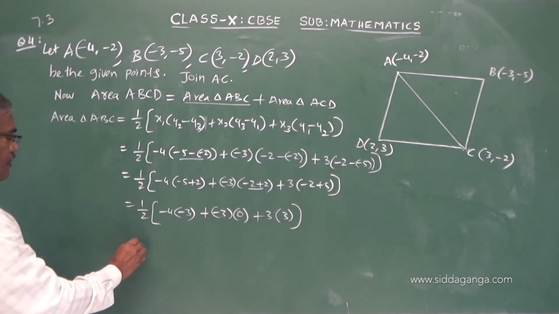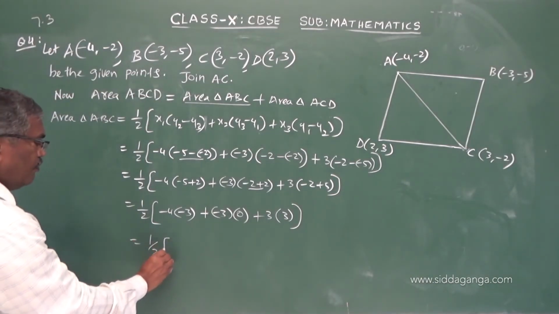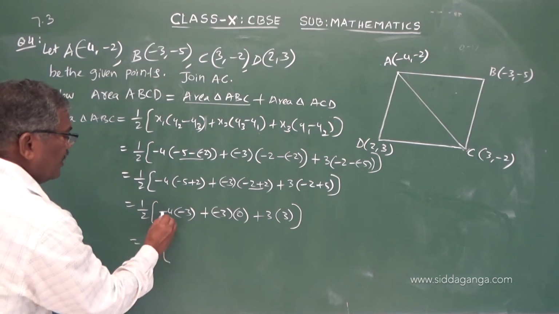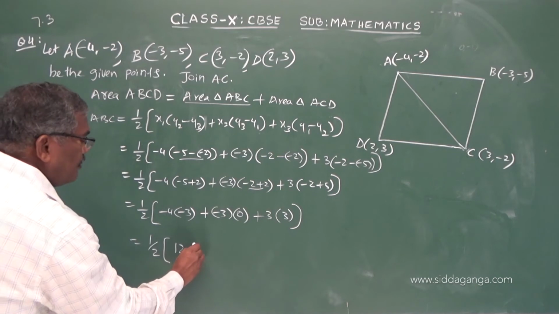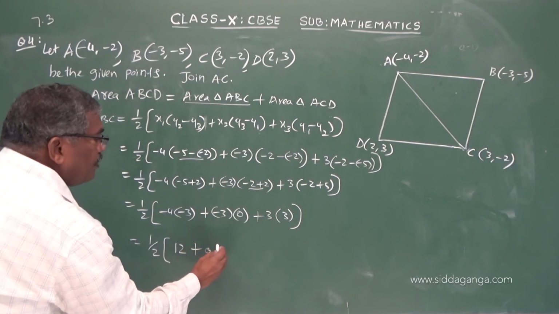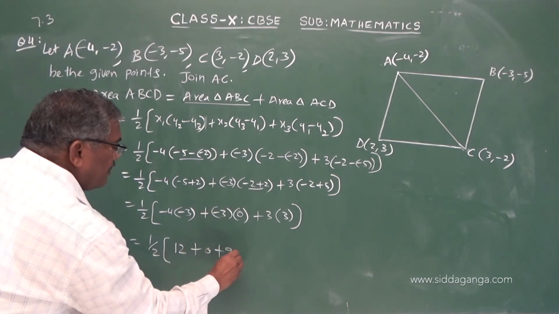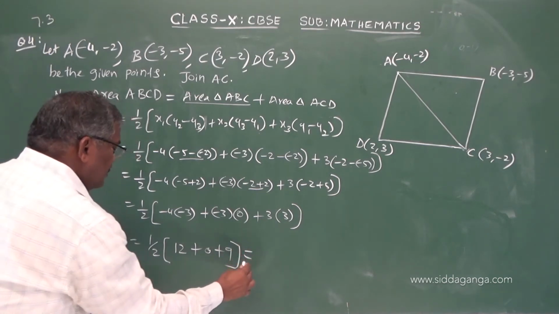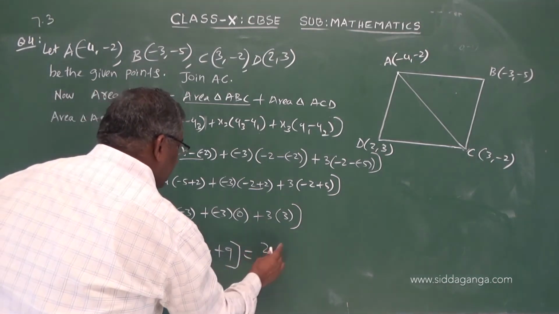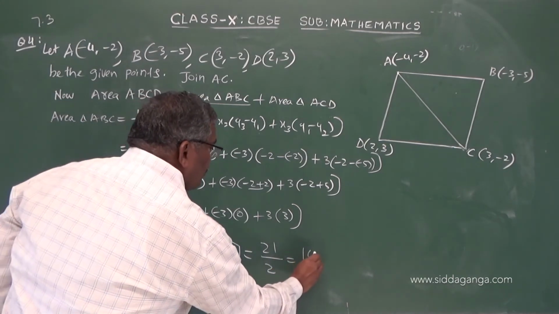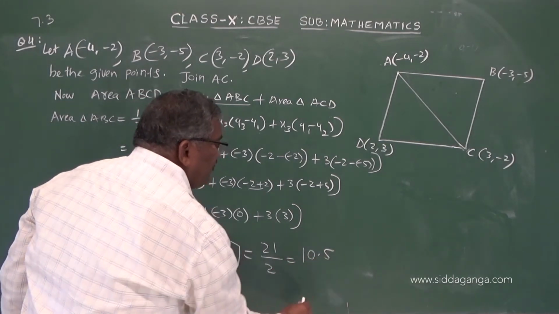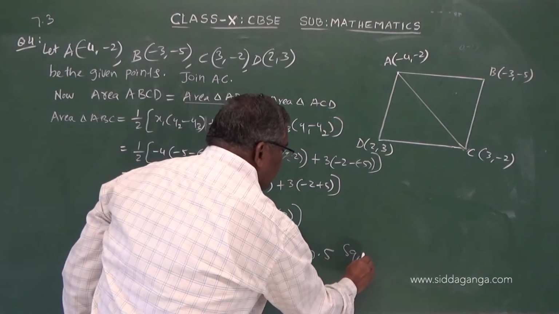So this equals 1 by 2 into minus 4 into minus 3 is 12 plus 12 plus 0 plus 9. So this equals 21 divided by 2 equals 10.5 square units.